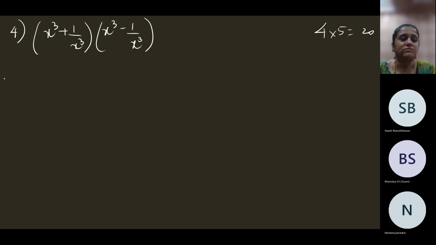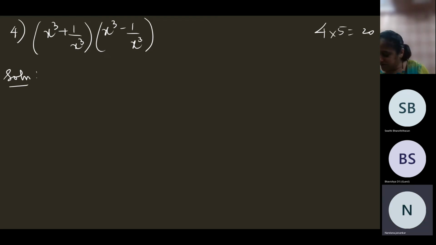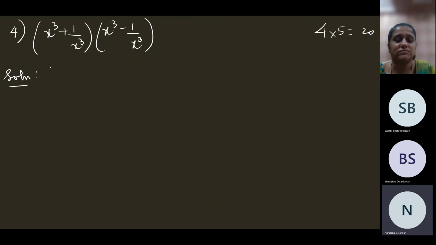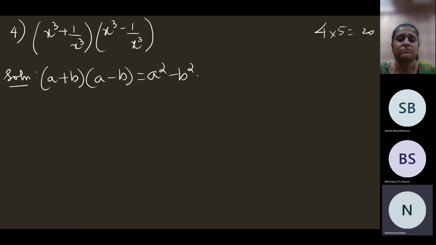Yes, children. Please try and tell me. Ma'am, I finished. Nandana? Ma'am, I completed. A plus B, A minus B is equal to A square minus B square. A will be x cube and B will be 1 by x cube.